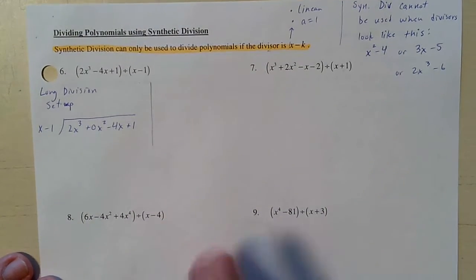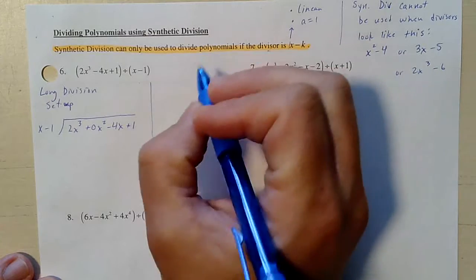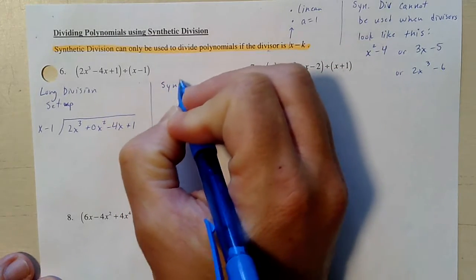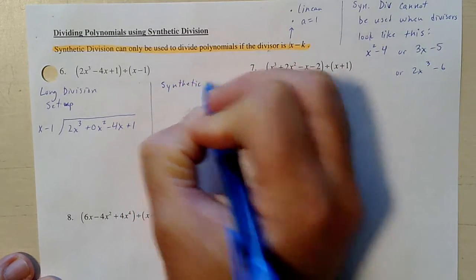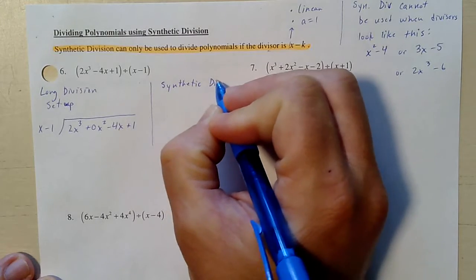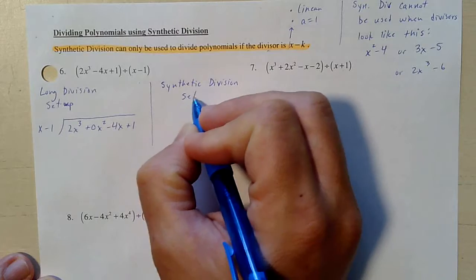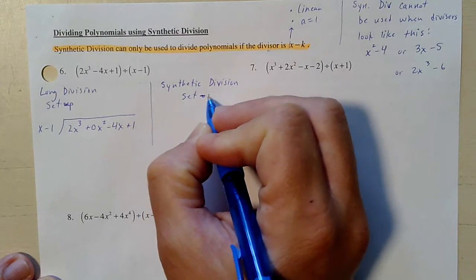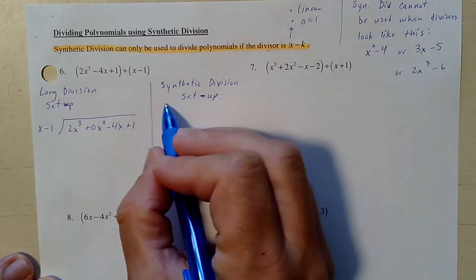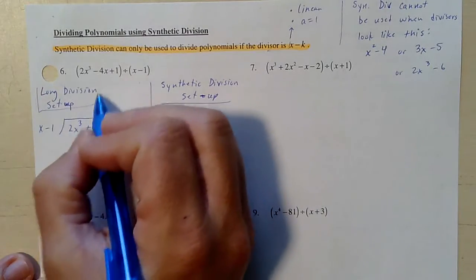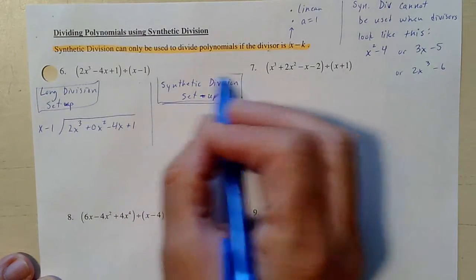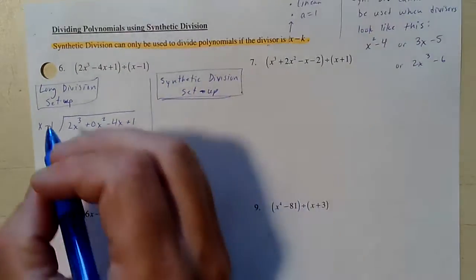All right. So let's write over here synthetic division setup. All right, so how do we do that?